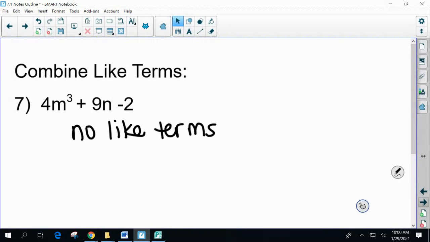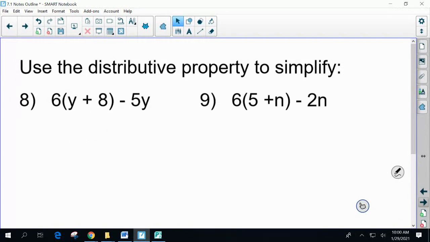Okay, the next thing we're going to look at is the distributive property. So for numbers 8 and 9, we are using the distributive property.